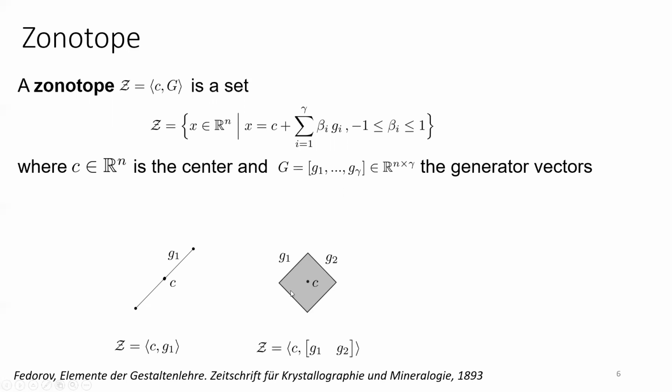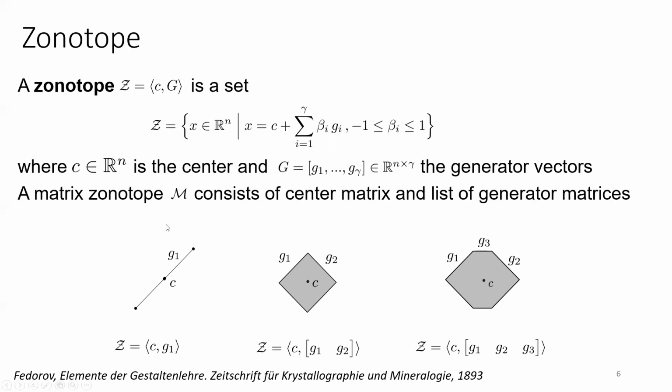If we add another generator, we will have this shape. If we add a horizontal generator, we will have this shape. So we can build and construct complex shapes using Zonotopes. Also, a matrix Zonotope consists of a center matrix and a list of generator matrices instead of a vector center and vector generator vectors.